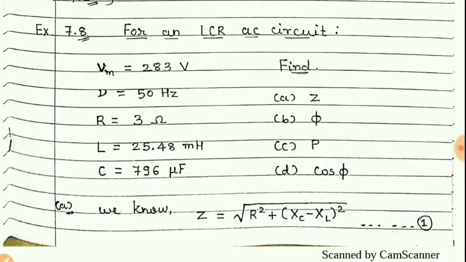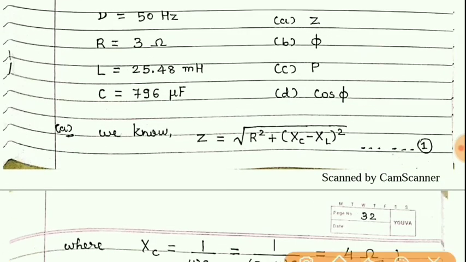So now let us start with A. Students, we know that impedance Z in an LCR series circuit is given by the square root of R squared plus (Xc minus XL) squared. Let us give this equation number 1. Now first we will find the values of Xc and XL.